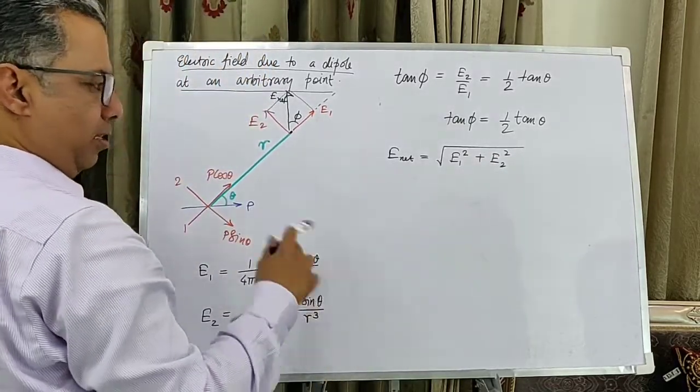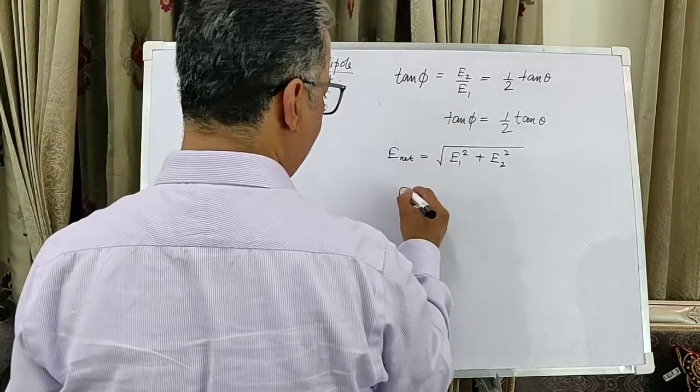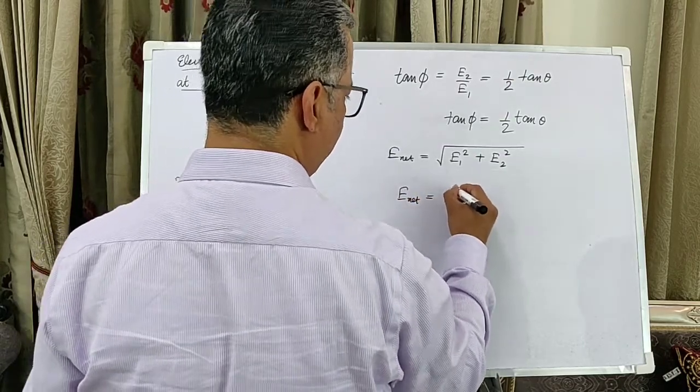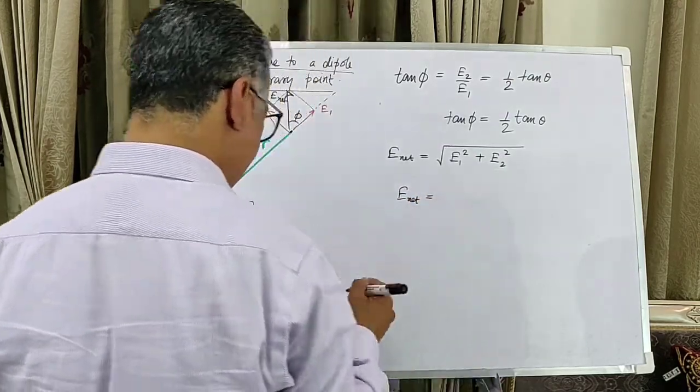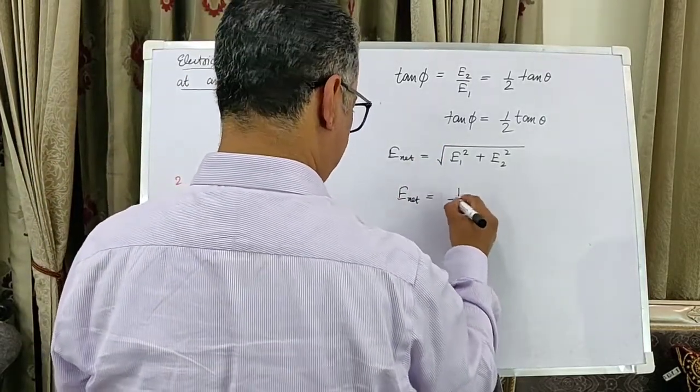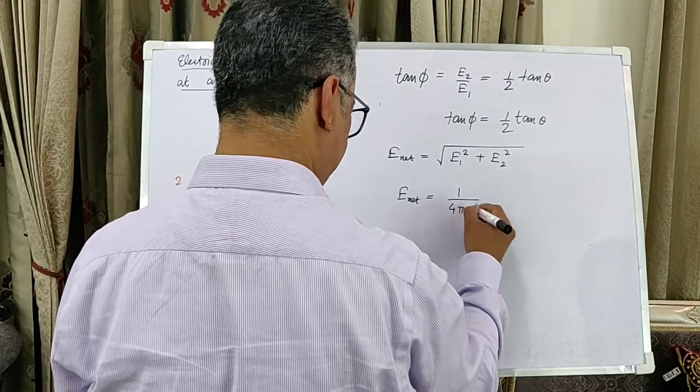Now you substitute these magnitudes and the net electric field comes out to be, I'm skipping the calculations, pretty sure you can manage them yourself.